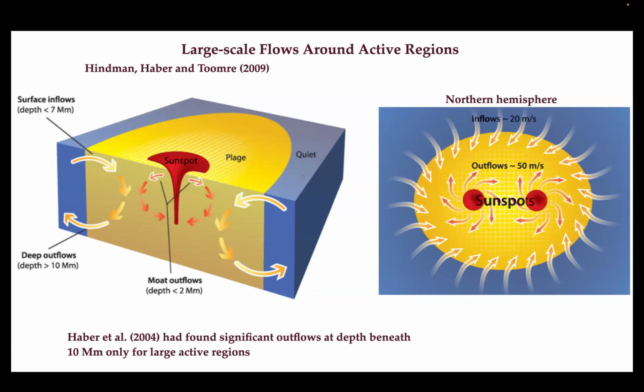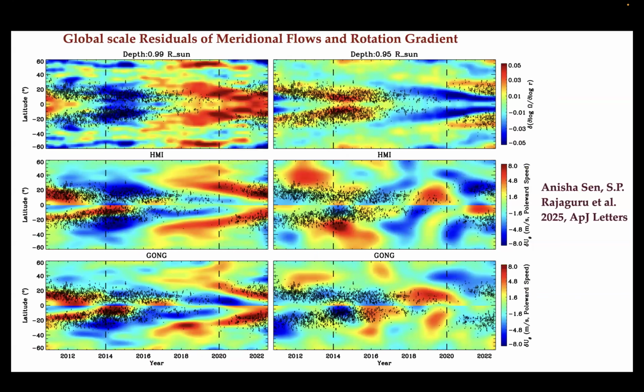And this flow is subject to Coriolis force, and the figure on the right depicts how the flows turn. For example, in the northern hemisphere, flow from the higher latitude towards the spots will turn to the right because of the Coriolis force.